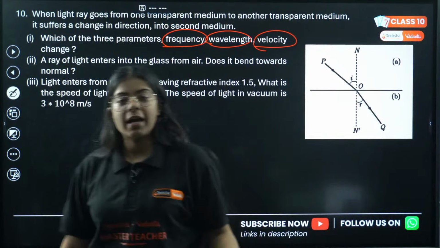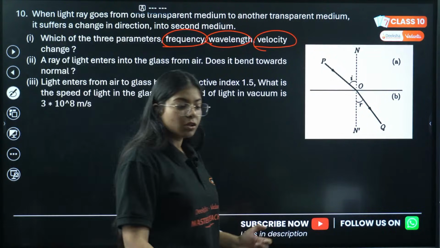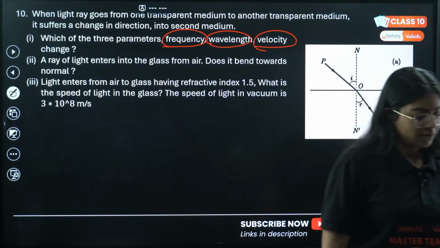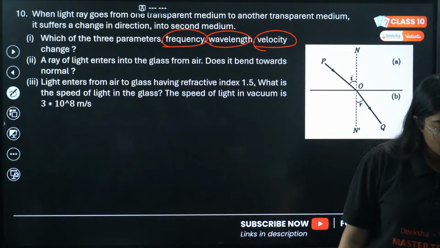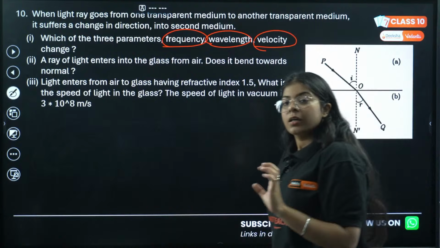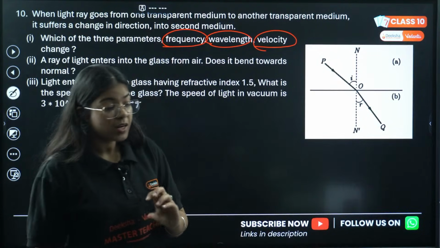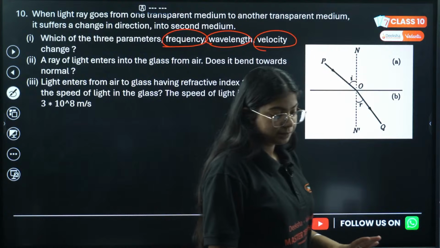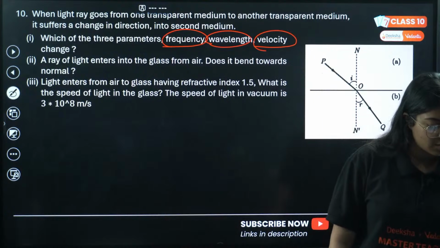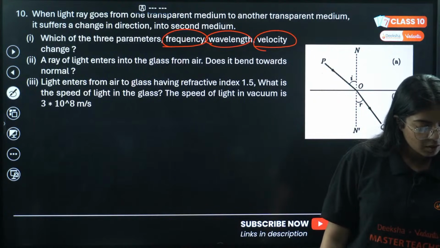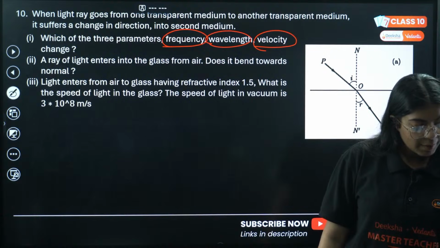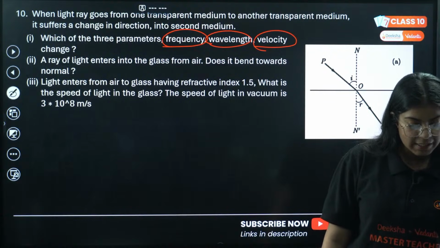When it goes from rarer to denser, it bends towards the normal. From denser to rarer, away from the normal. The wavelength and frequency, you are saying that they remain the same, and only the velocity changes. Am I correct?